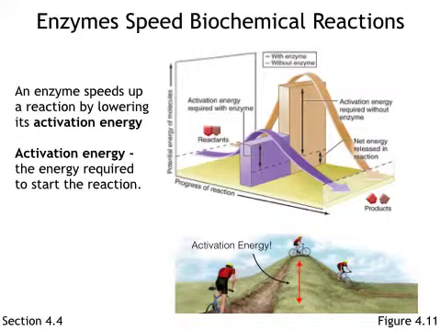So the orange hill is the activation energy without the enzyme, and the purple hill is the activation energy with the enzyme. It's become much lower. So that just means that you can make this reaction happen a lot quicker because you just don't need as much activation energy, right? It makes the hill smaller, so you can get to the top of that hill quicker and then go down that hill.